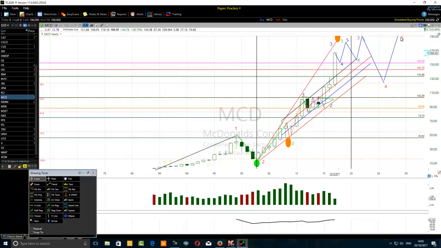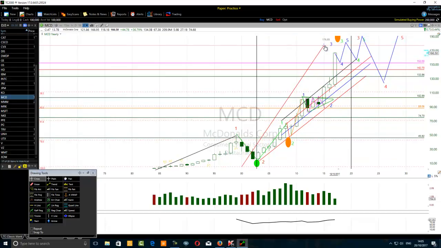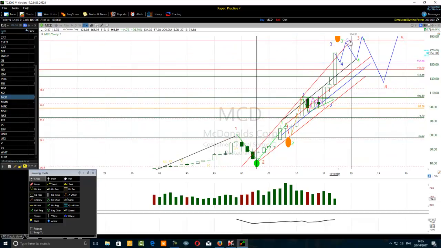But the third minor wave of the real third wave is also subdivided into 5 minor waves. So from here all the way up, okay, hold on please, I move some line now.